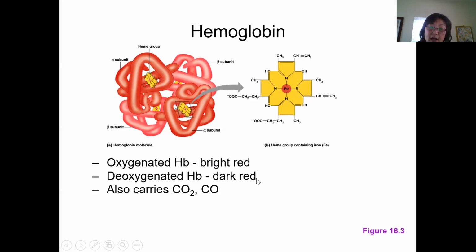So if you look at the veins on the surface of your body, you can see the blood looks kind of bluish because it is oxygen-poor blood in your systemic veins. And the hemoglobin can also carry CO2 and carbon monoxide.